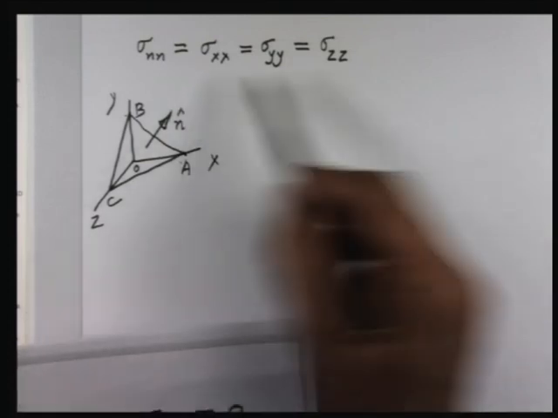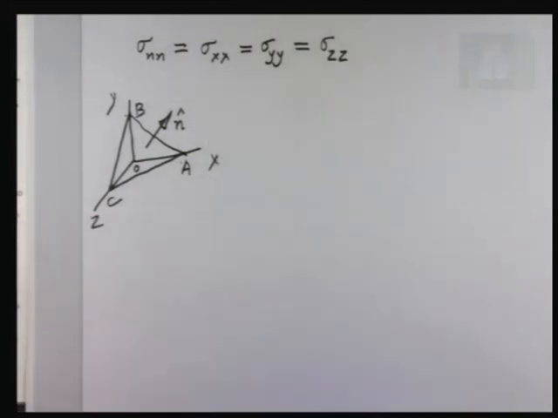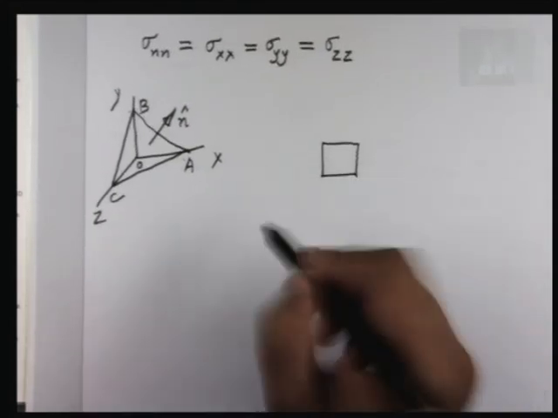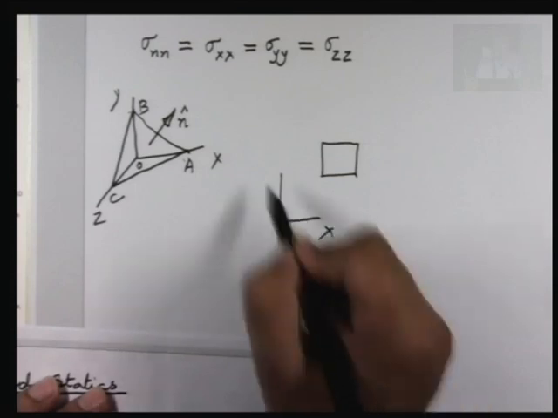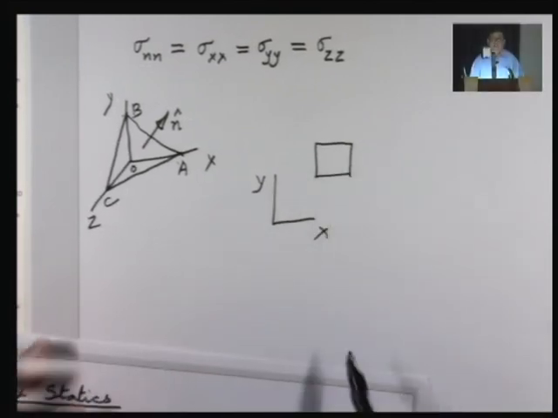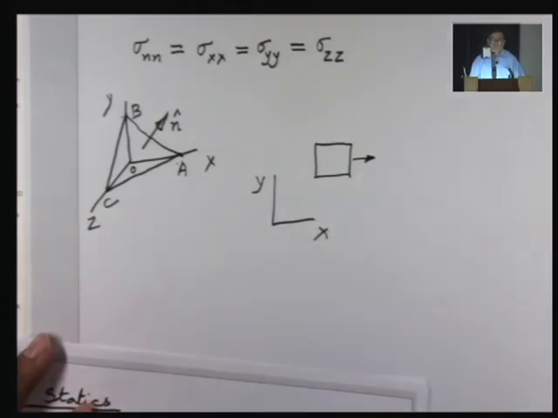Now, Professor Schumann mentioned in his introductory lecture that while a solid can sustain tension, a fluid at rest cannot sustain tension. So these normal stresses are going to be compressive. So if I draw a fluid element in the form of a rectangle, if I say this is X and this is Y, you know that if sigma XX is positive, then the surface force on this plane is going to be in this direction.